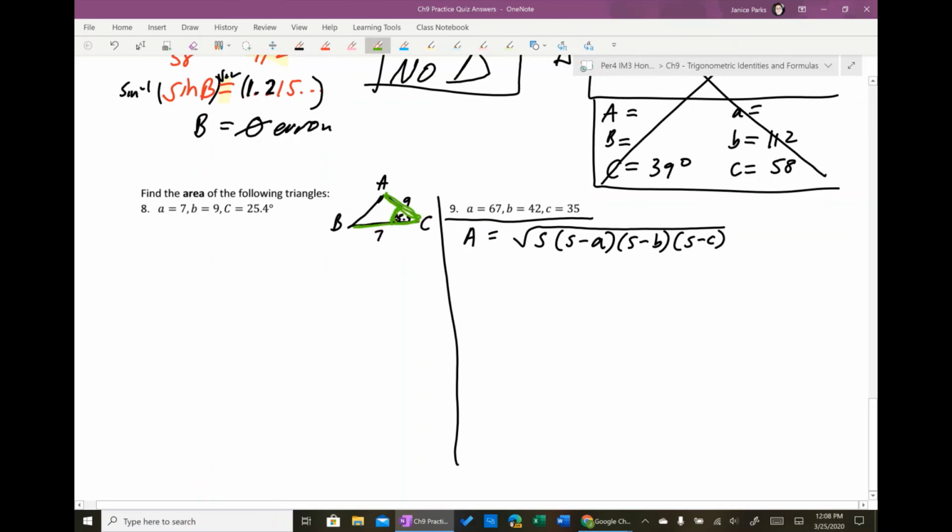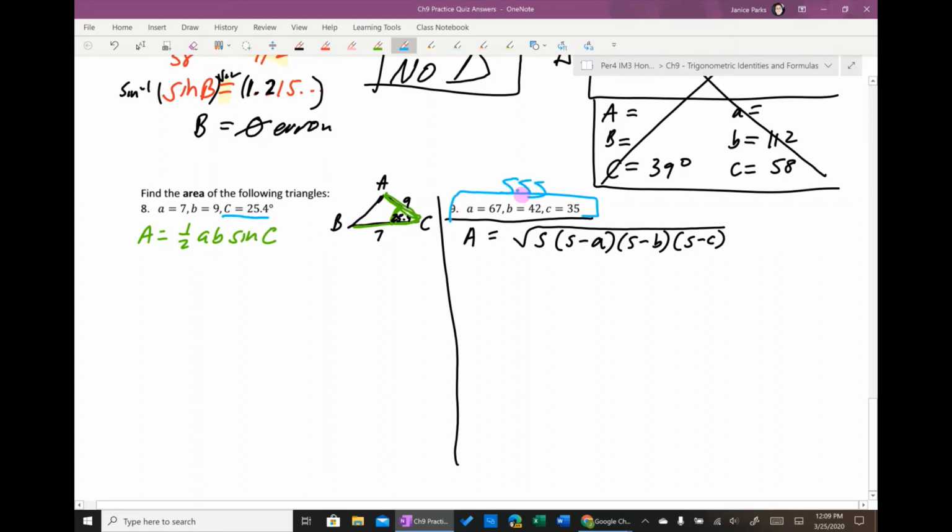And that's when you know that you're going to be using the second formula, which is 1/2 A times B times sine of C. Okay, and you don't have to memorize those formulas. They will be given to you. You just need to know when to use which one. So again, this formula is when you're given 2 sides and then the angle in between them. And this is when you're given 3 sides.